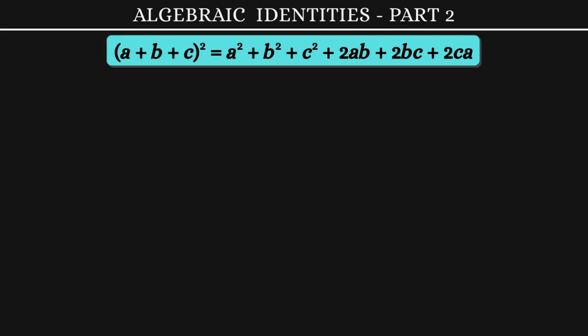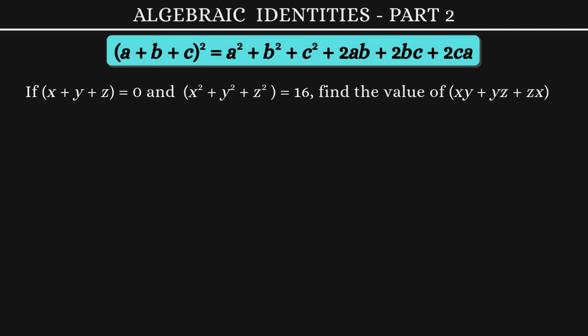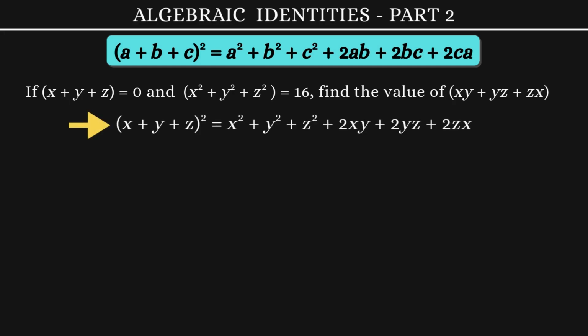Let's solve two more questions. If x plus y plus z is equal to 0 and x squared plus y squared plus z squared is equal to 16, then find the value of xy plus yz plus zx. This is the identity.